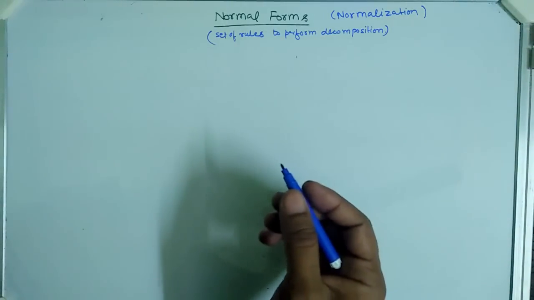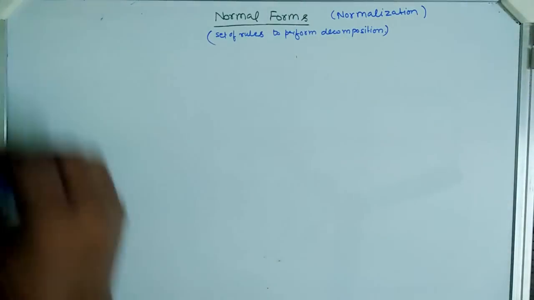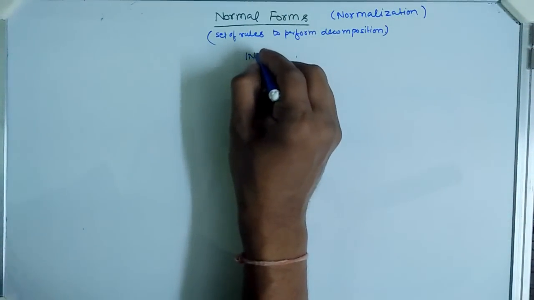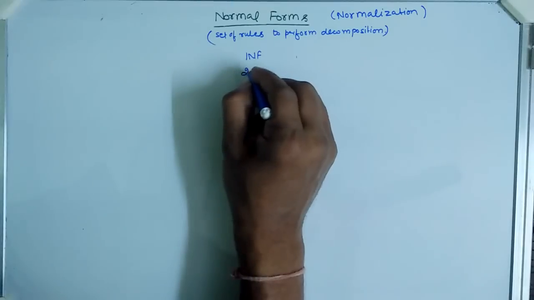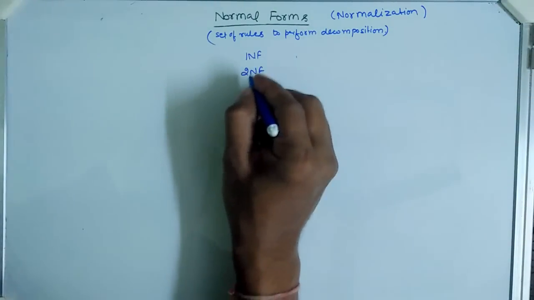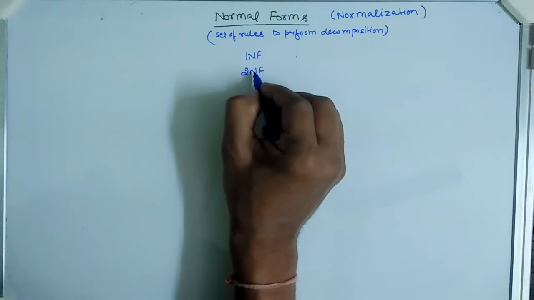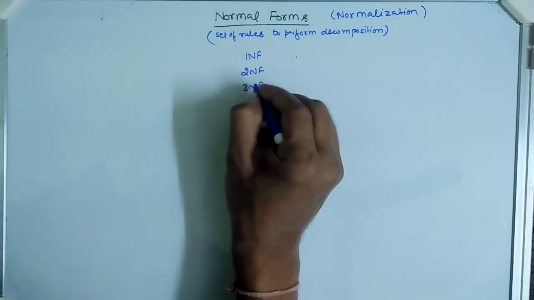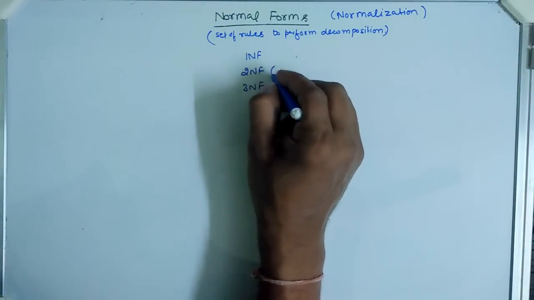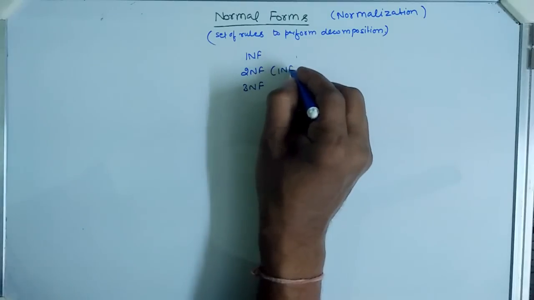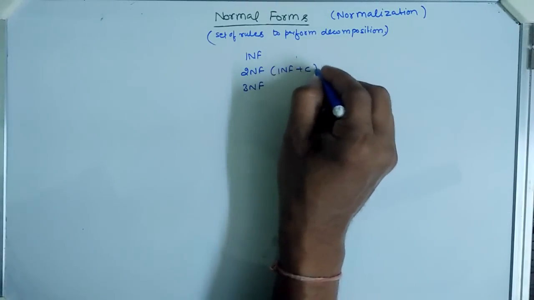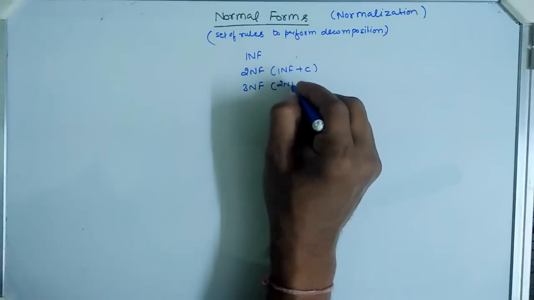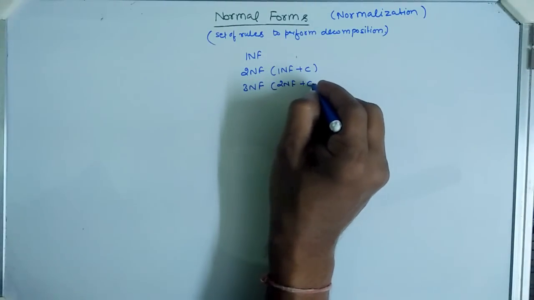So these normal forms are first normal form, second normal form, 2NF. These are the shortcuts for the normal forms. Third normal form, 3NF. So the second normal form includes first normal form with one condition. Similarly, third normal form includes second normal form plus one condition.